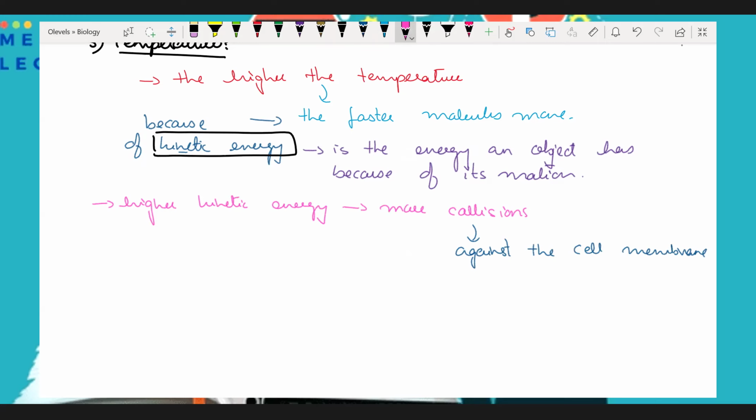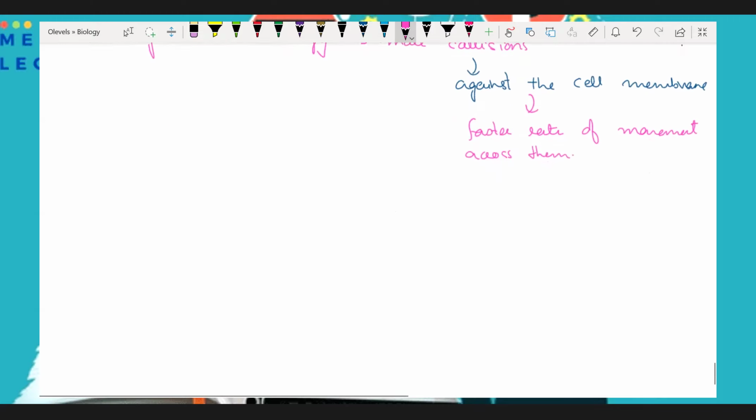And that is why there will be a faster rate of movement across them. Is that clear? And the last one is the concentration gradient. The last factor is the concentration gradient.